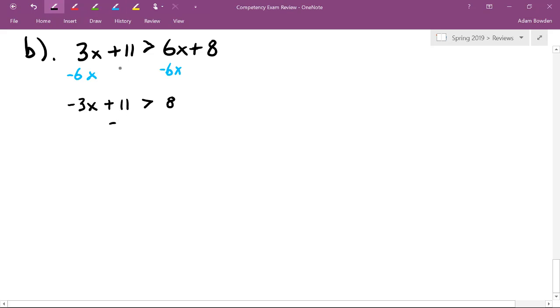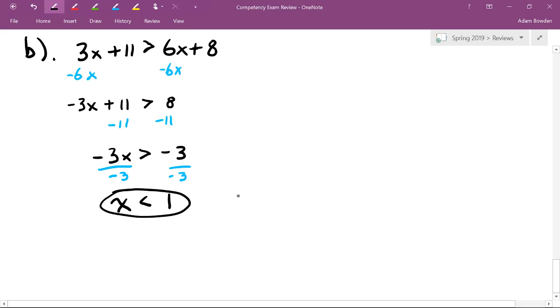Then we subtract 11 from both sides, giving us negative 3x is greater than negative 3. Then we have to divide both sides by negative 3. And when we divide by the negative, we have to flip the direction of the sign. So it turns into a less than: x less than positive 1.